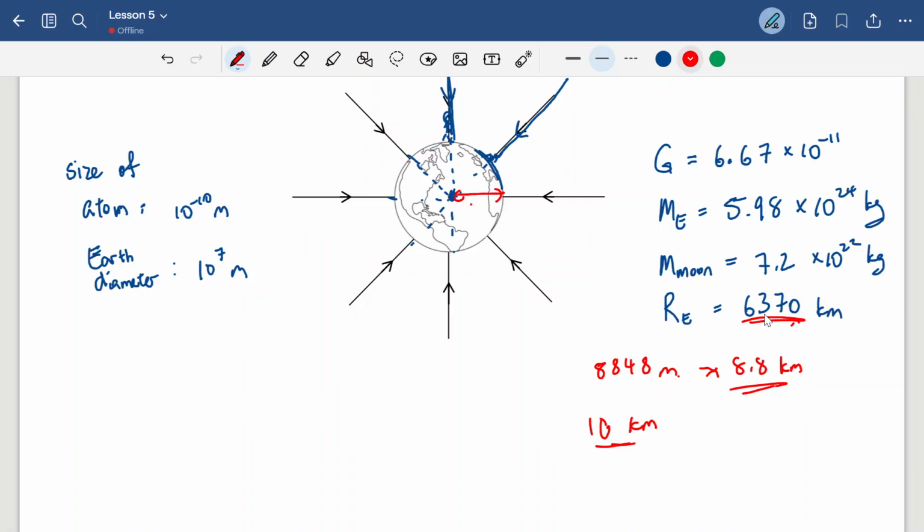What is called far away from Earth? One of the nearest that you can think of is the International Space Station, which again is also in your TYS. I'm using information from your TYS. If you have done it, you will probably know it.